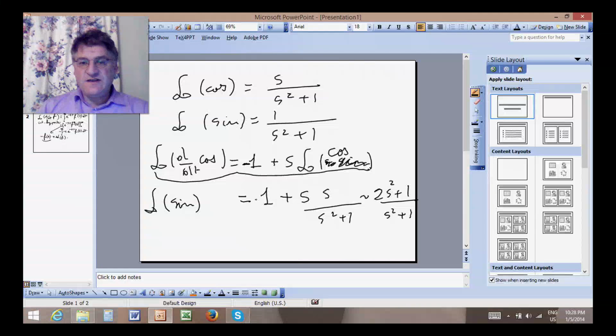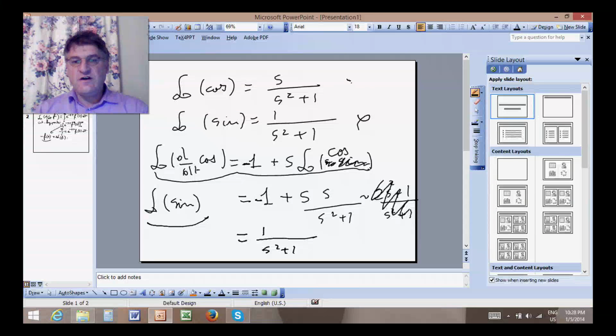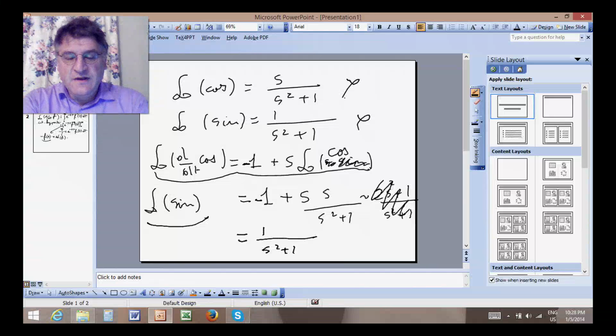Okay, and then there's a minus 1 here, in which case, instead of obtaining this, we obtain exactly what we wanted, which is 1 over s squared plus 1, which is indeed the Laplace transform of the sine, as we have seen earlier. Good. By the way, I apologize for this mistake. I hope that you can appreciate the way I can try and recover from these mistakes.